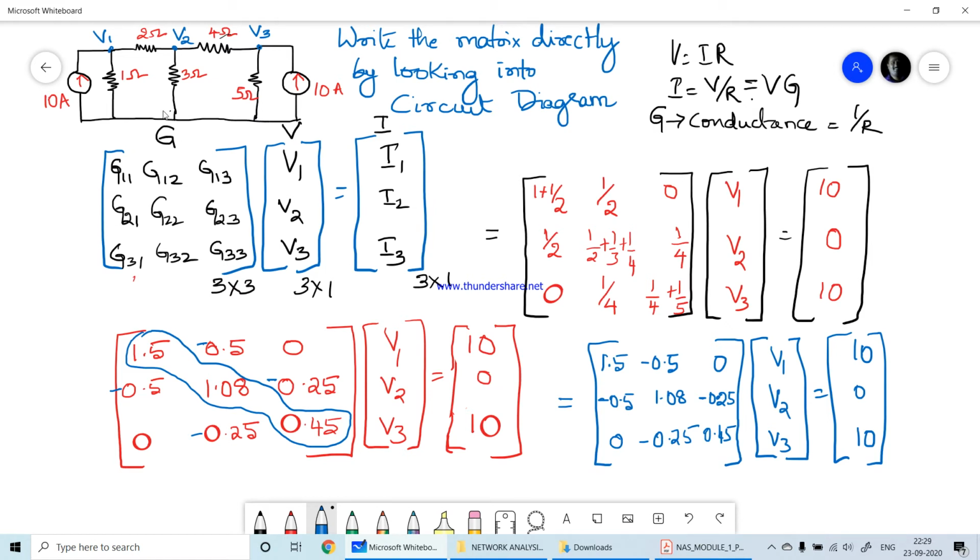As you can see, this 10 amps is towards node V1, therefore it is positive. For node 2 we don't have any current source connected, therefore it is 0. And for node 3 you have 10 amps entering node 3, therefore it is 10. Now if I write all the proper values, this is what I get.